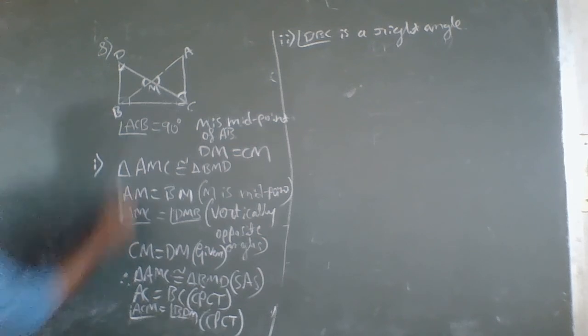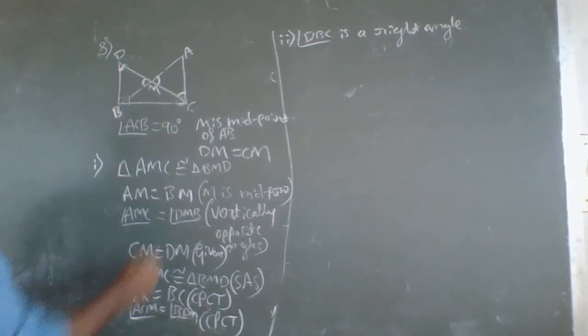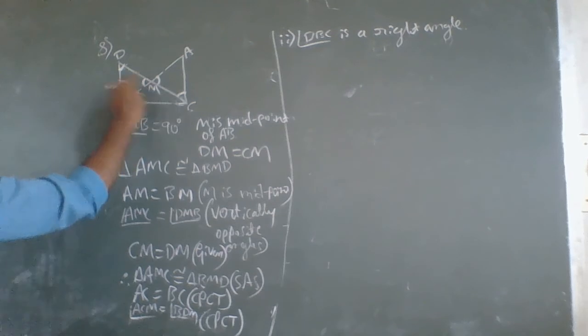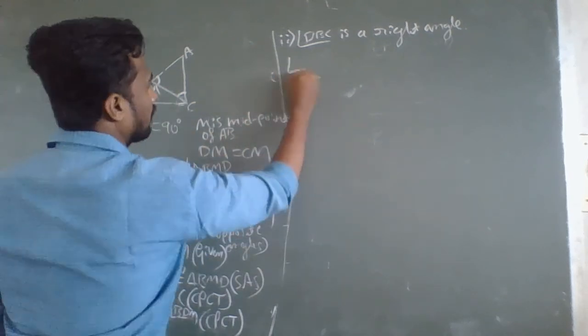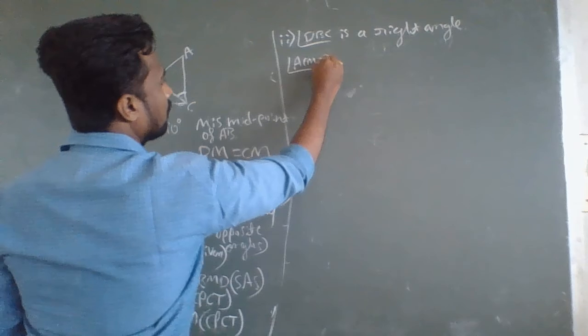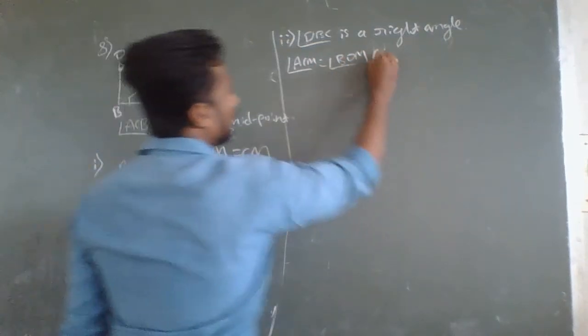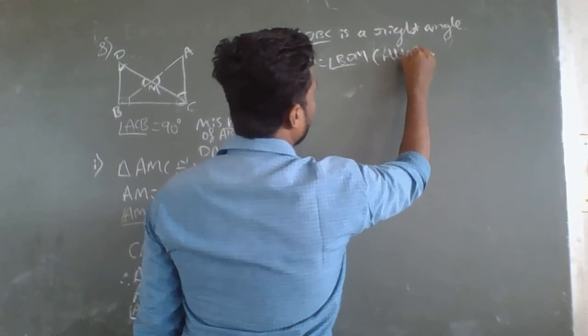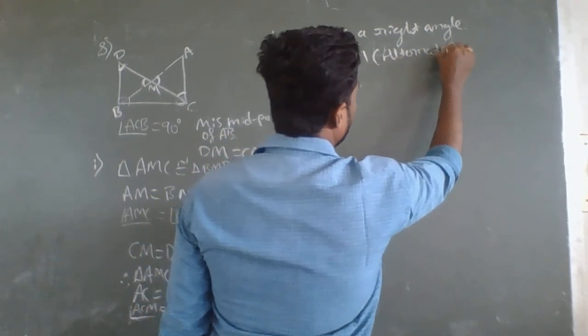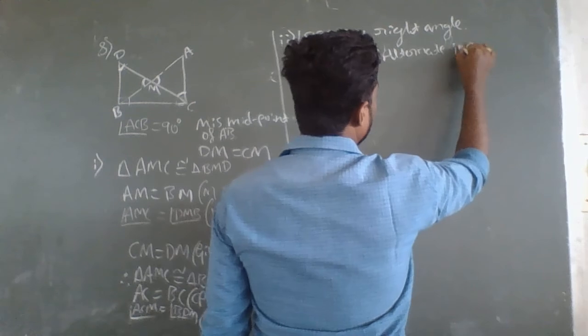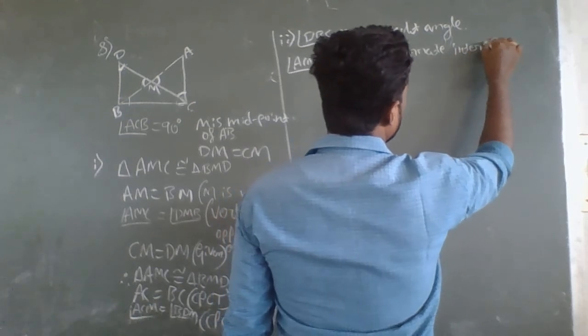If these two angles are equal, then these are alternate interior angles.